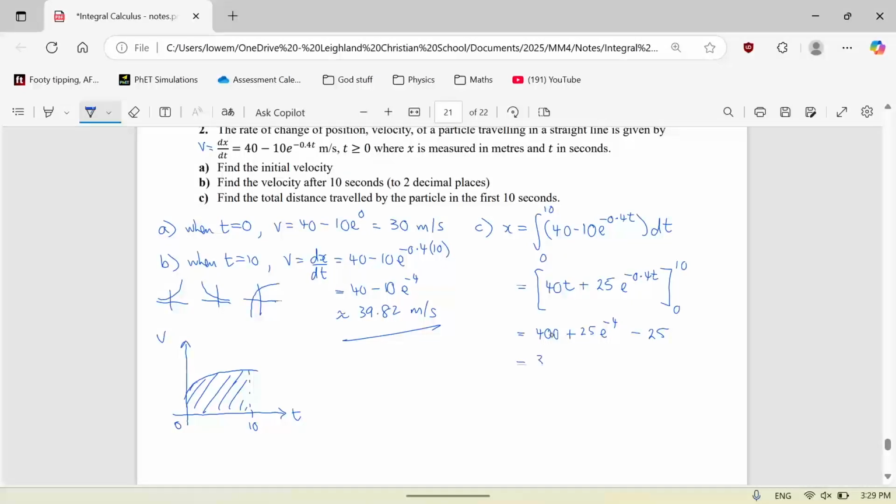So then we have 375 plus 25e to the negative 4 as an exact value that approximates to 375.46 metres. That is the total distance travelled in the first 10 seconds, corresponding to the area under that curve.